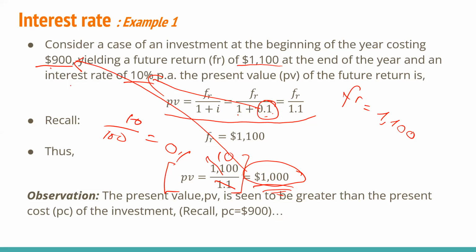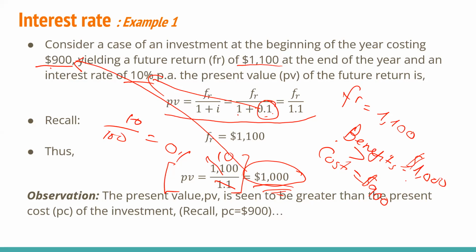So if you get a value that is more than 900, there is a rationale of engaging in that investment, because the benefits of that investment, which is 1,000, exceed the costs, which is $900.